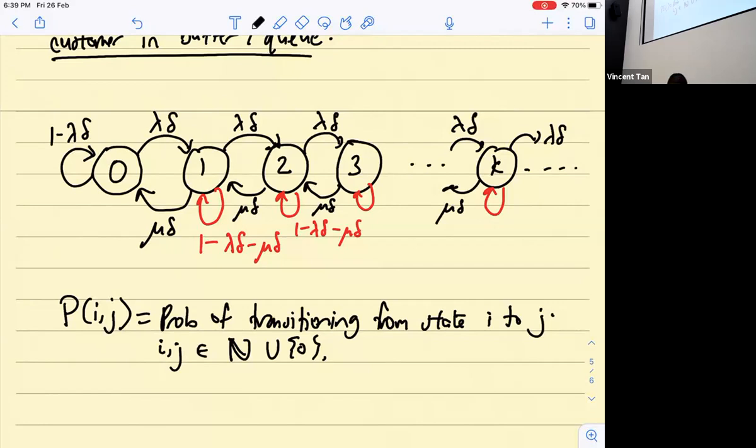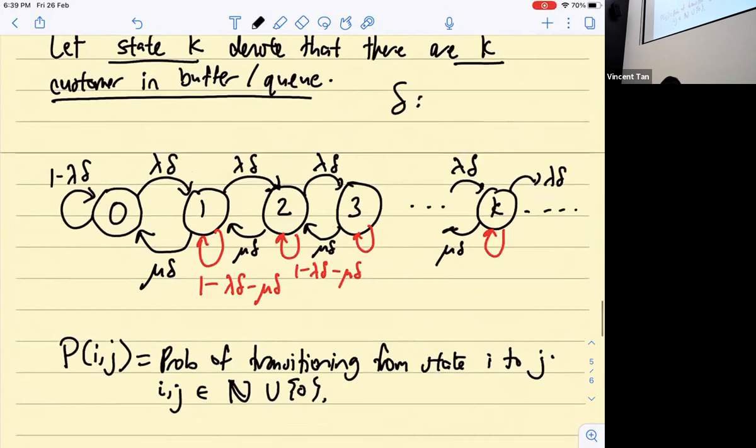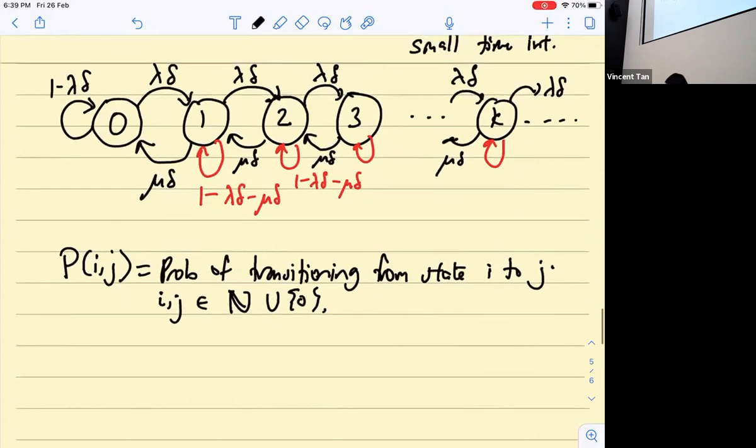So Pij is the probability of me transitioning from state i to state j. We always consider delta to be an infinitesimally small time interval. Okay, so we have this state transition diagram. By the way, this is called a state transition diagram.